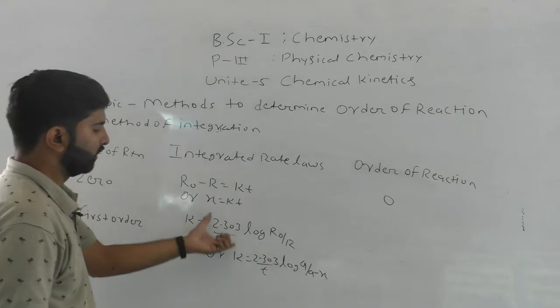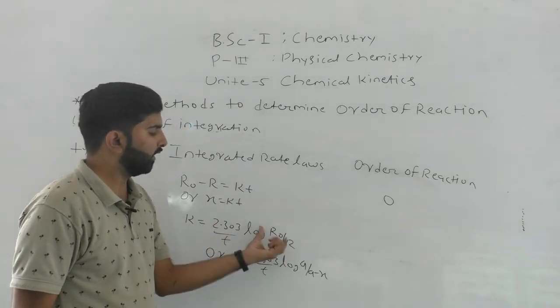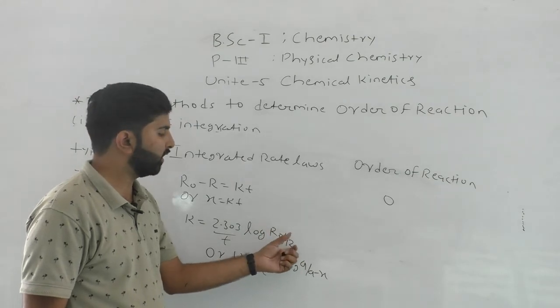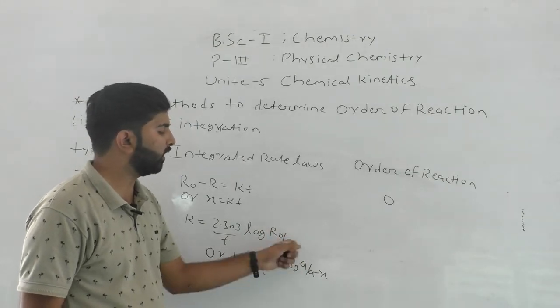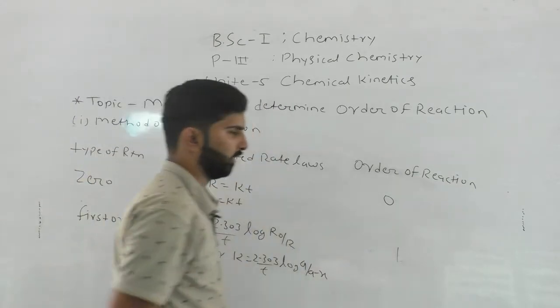These are the formulas. R naught or a is the initial concentration, R is the remaining concentration. We can also write the remaining concentration as a minus x. The order of the reaction is first.